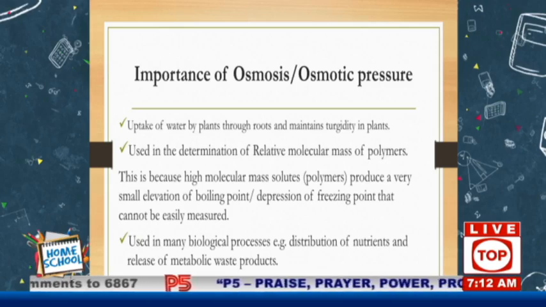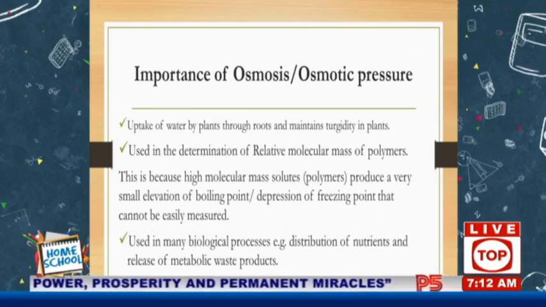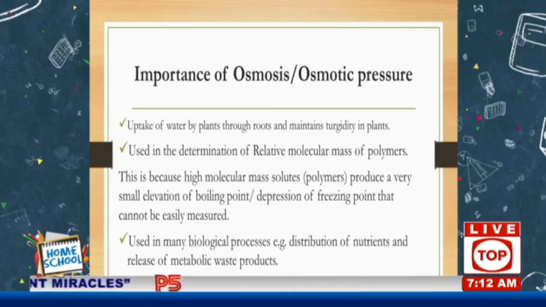It is used in determination, and for this case, we are using it for determination of relative molecular mass of polymers. Okay, and in some cases, it is used in many biological processes like distribution of nutrients, release of metabolic waste products within our body. Okay, that's why I said this is more of biology.